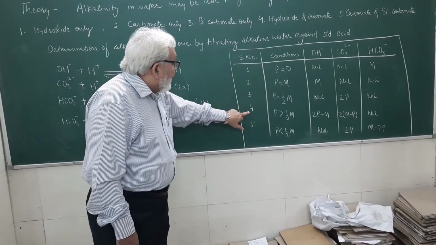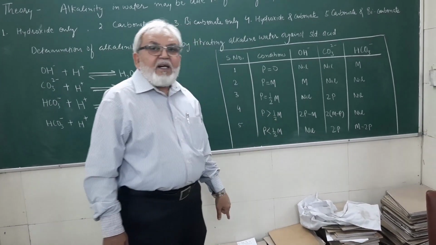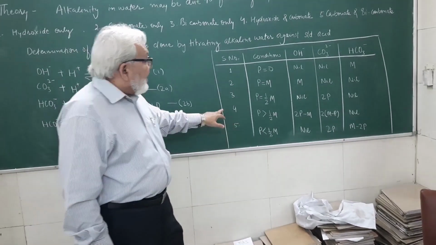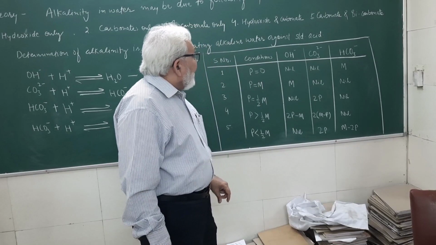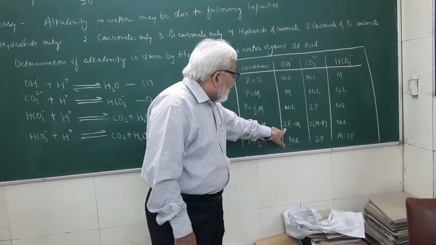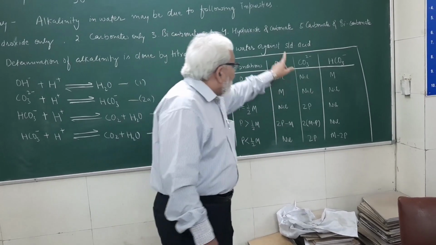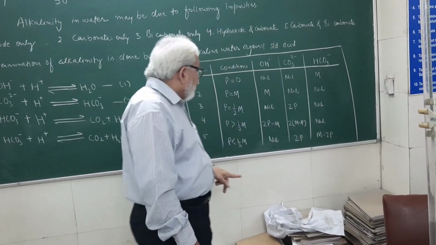Now serial number 4 shows when P is greater than half M. Under that condition, hydroxide and carbonates are present, and the amount of hydroxide will be calculated as 2P minus M, while carbonate will be calculated as 2M minus 2P.